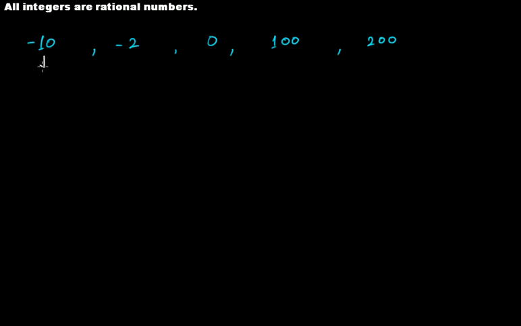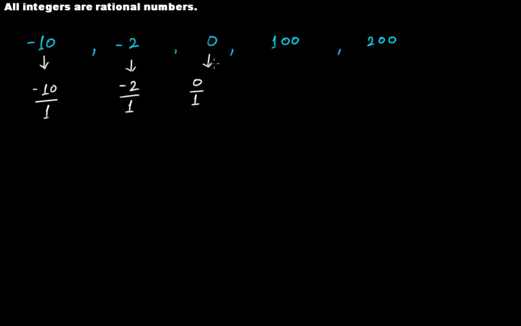I can write this minus 10 as minus 10 divided by 1, because if you divide any number by 1, you will get back that number only. Similarly, we can write it as minus 2 divided by 1. Similarly, we can write it as 0 divided by 1.